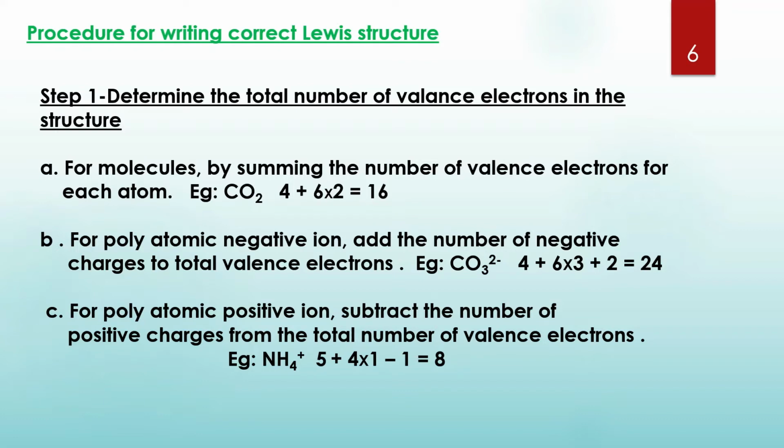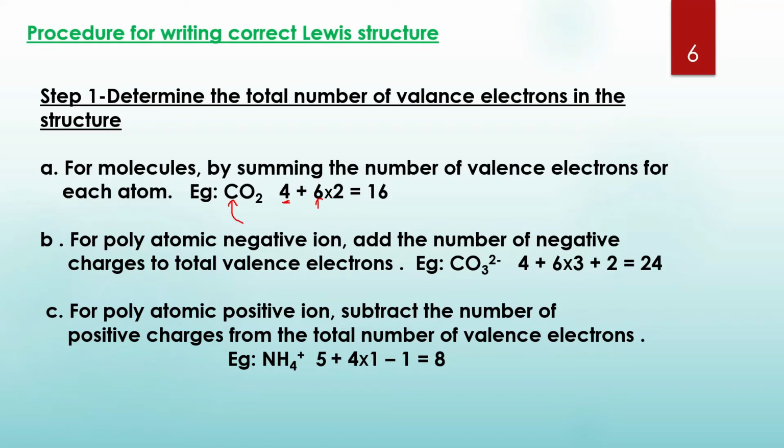Carbon has the electronic configuration 2s2 2p2, so there are 4. For oxygen, the configuration is 2s2 2p4, so 2 plus 4 is 6. And we have 2 oxygens, so you multiply by 2, and you get 16 as the answer.